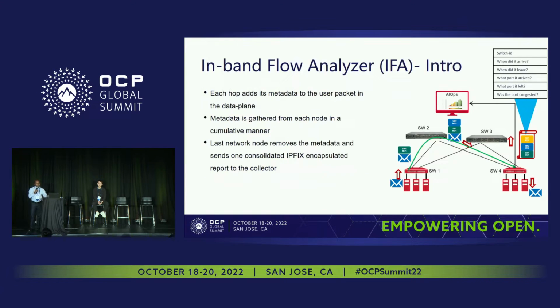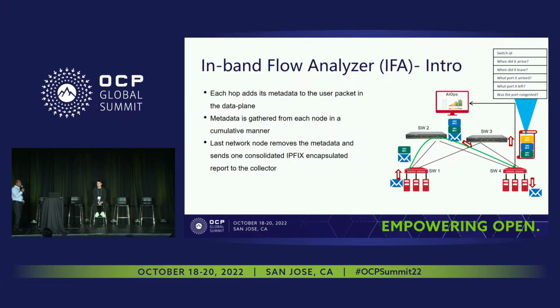So what kind of metadata do we capture? When did the packet arrive at the switch? When did the packet leave? That gives you how long the packet spent at each hop, right? Because per hop latency is a very important factor in identifying some use cases. And what port the packet arrived on, what port the packet left on, that gives you packet path tracking, right? Sometimes you want to understand whether the packet deviated from the usual pattern or not.